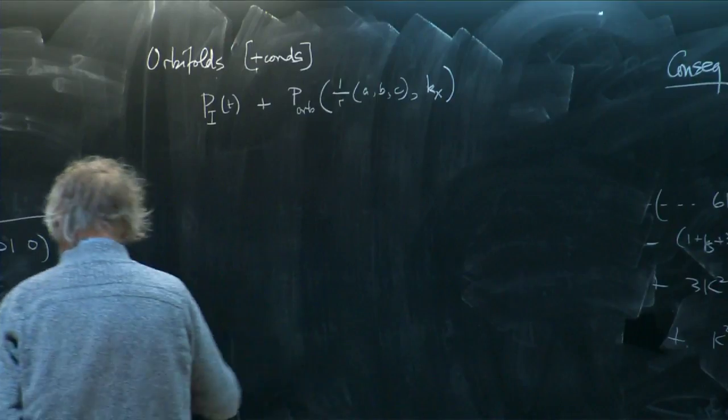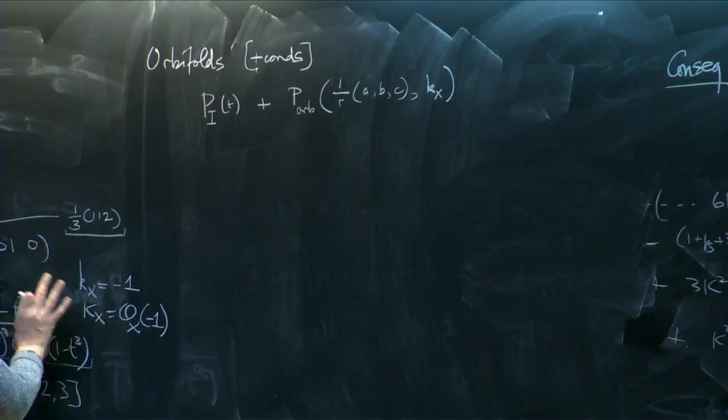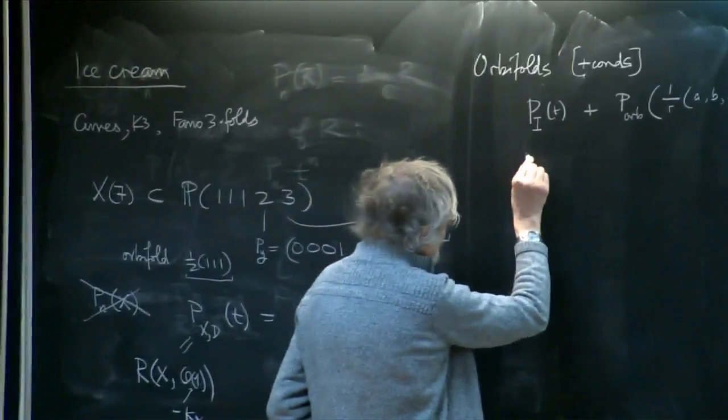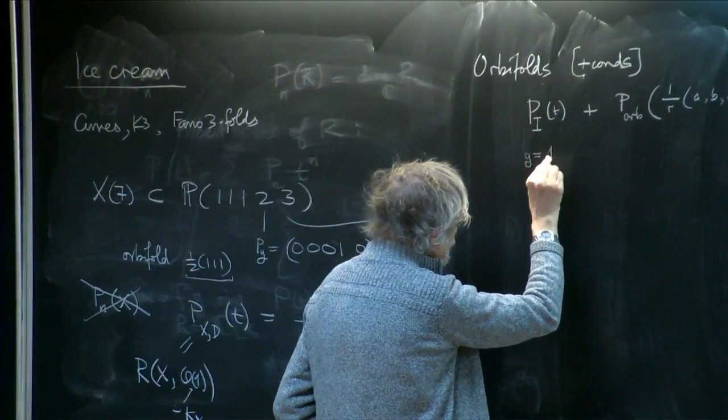Let me just say what the answer is in this case, because it will tell you how to think about the answer in all cases. I'm going to say g equals 1.